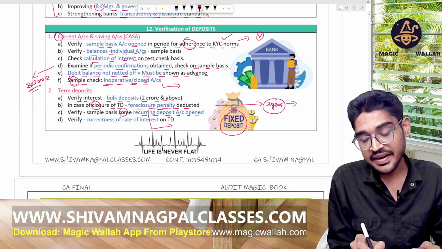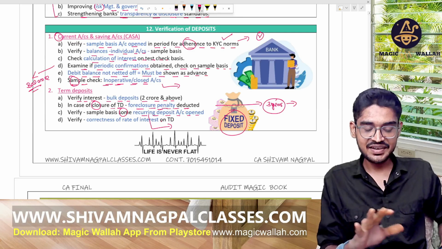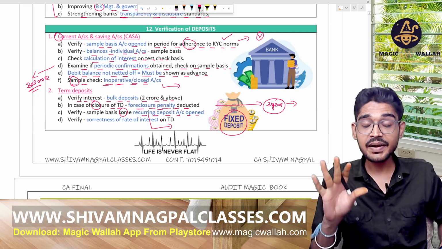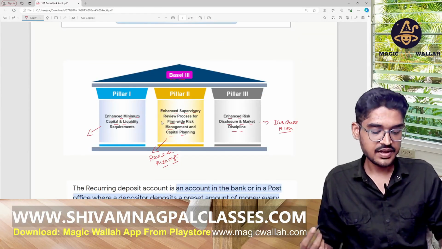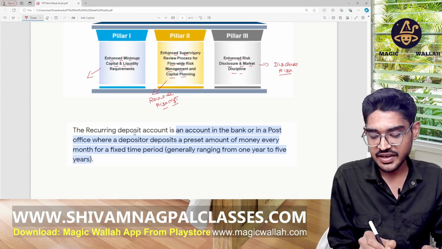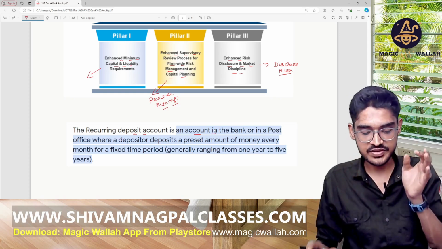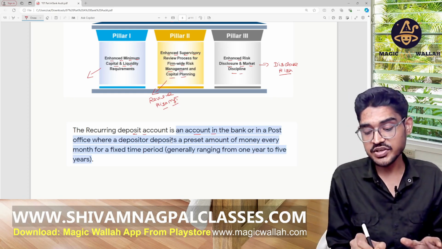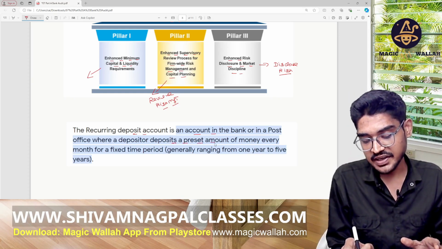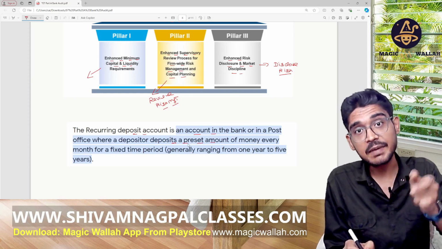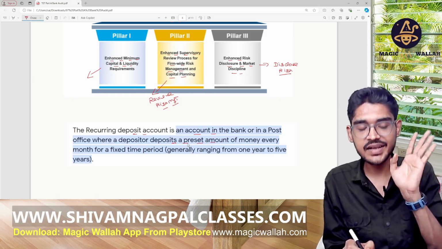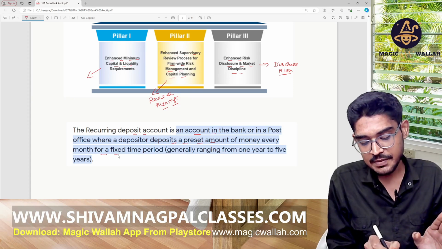So what do you mean by recurring deposit account? TD means the FD. So what do you mean by recurring deposit? The recurring deposit is an account in the bank or in a post office, where a depositor deposits a present amount of money every month. Means recurring payment, recurring deposit, not one time, for a fixed time period.